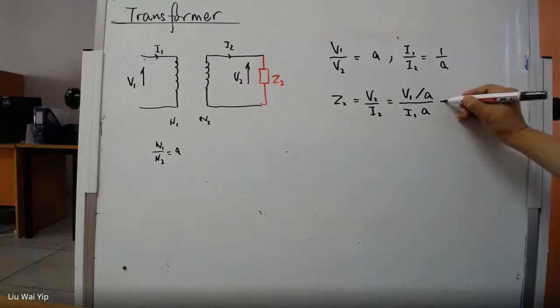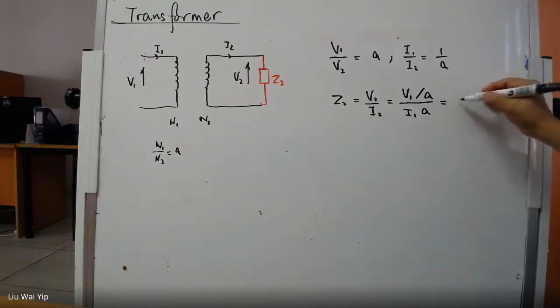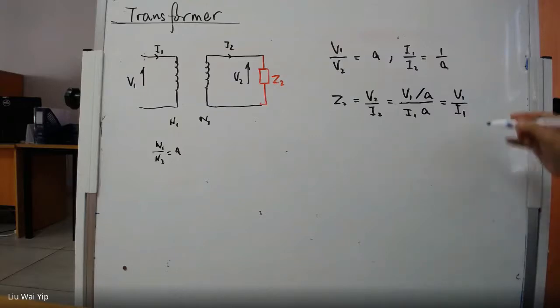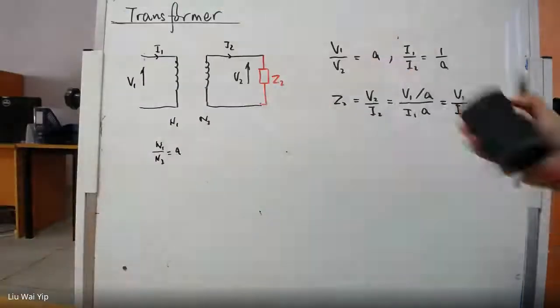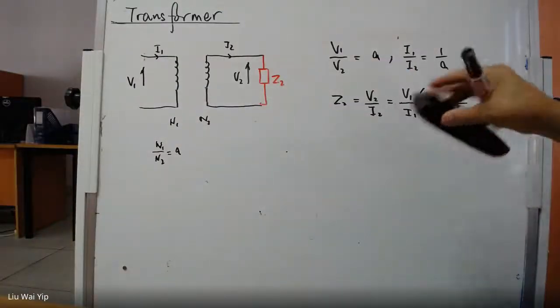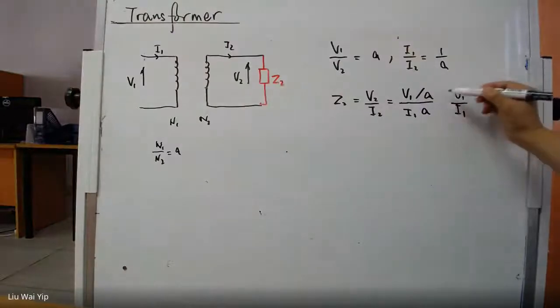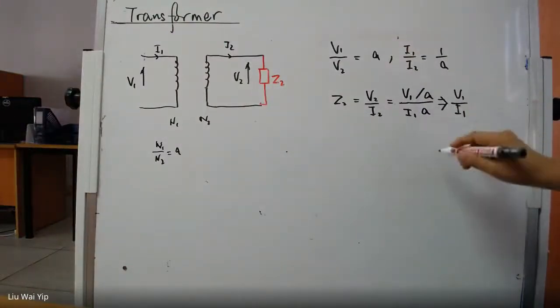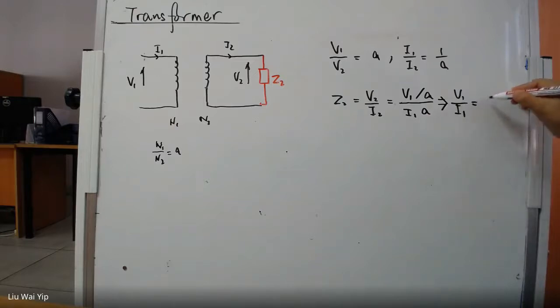So obviously, V1 divided by I1 is equal to, in here, right? In this case, we get A squared Z2.